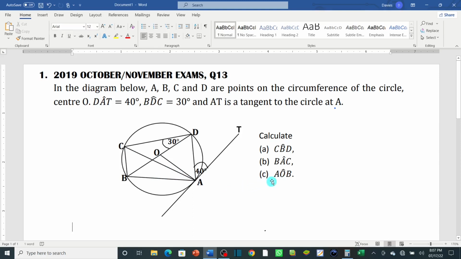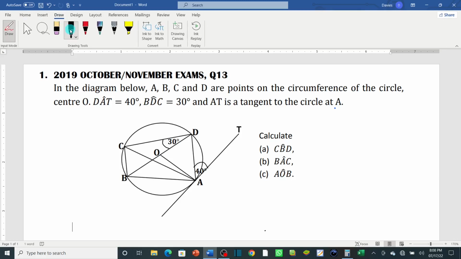Then also we find out angle AOB, so this angle here. So guys, this is simple. What you need to know to answer this question are angle properties or circle theorems. So you need to go and study a bit on circle theorems, because that's what we are going to use in answering this one.